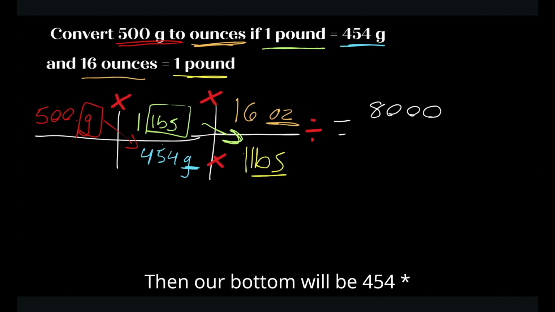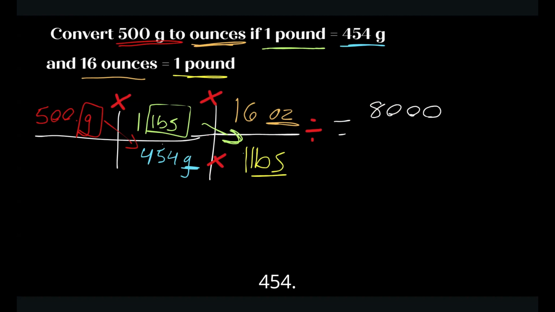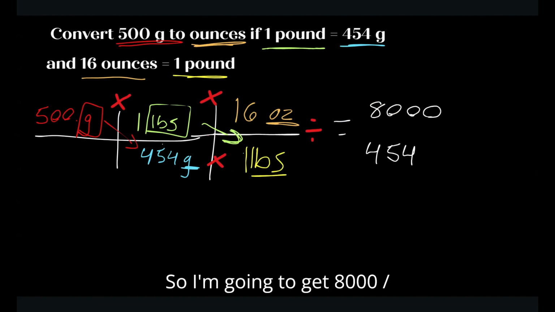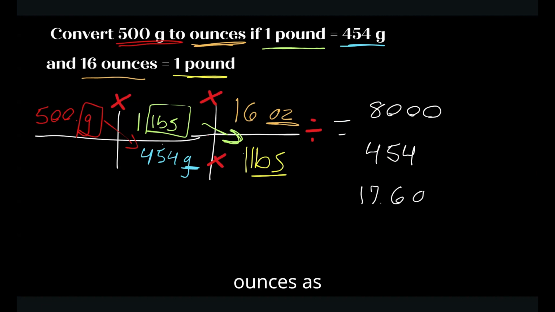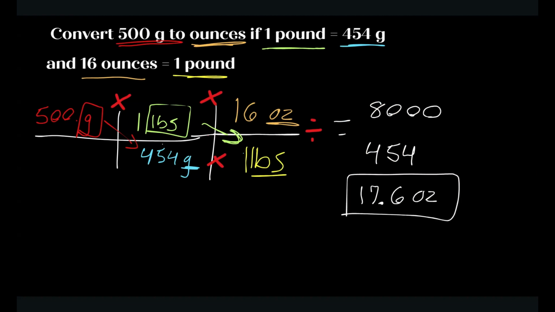Then our bottom will be 454 times 1, which will be 454. So I'm going to get 8,000 divided by 454 in order to get our answer of 17.6 ounces as our answer.